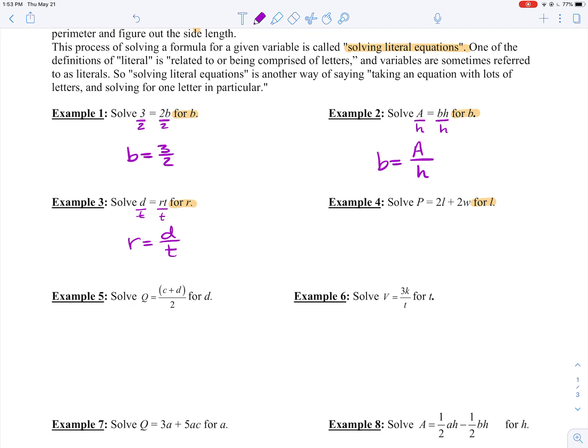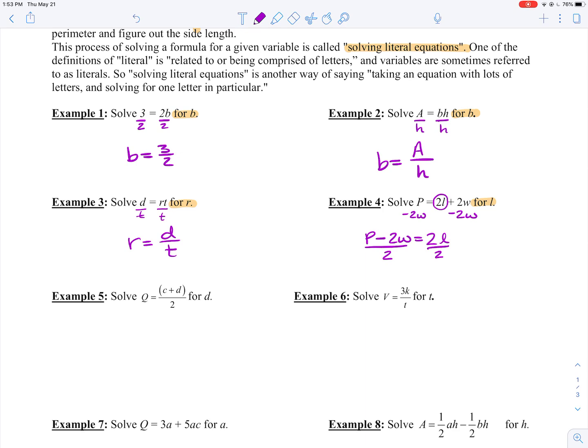In example 4, we're taking the perimeter of a rectangle, and we want to solve for the length. So just like we're solving regular equations, I don't want to touch the term with the L in it first. I want to just get rid of the other term. So I'm going to subtract the 2w first and get 2L by itself, and then divide by the 2 to get L by itself.